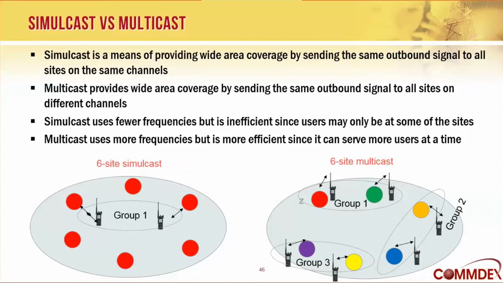user group. So in the example on the left, we have 2 users that are talking to each other in a wide area 6-site simulcast system. Even though there's only 2 users, we have to transmit on all 6 sites on the same frequency at the same time.